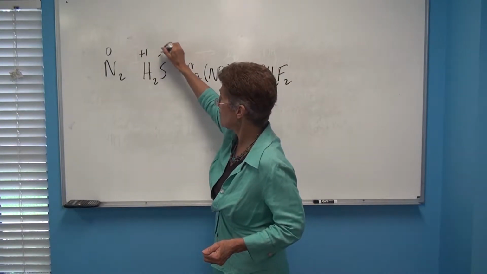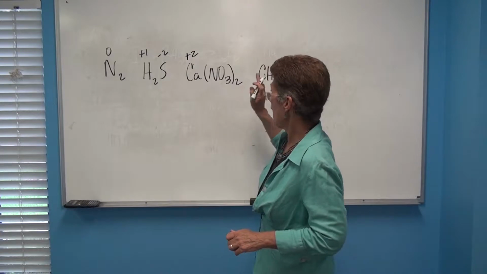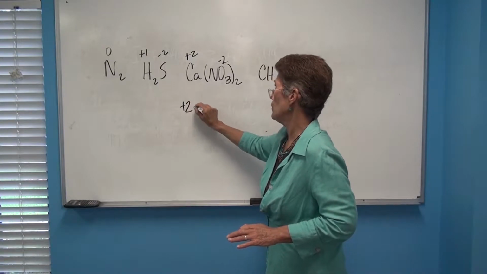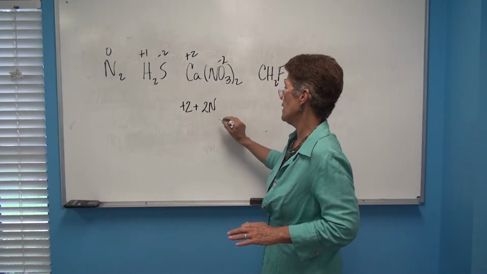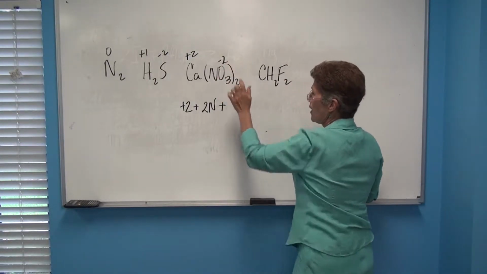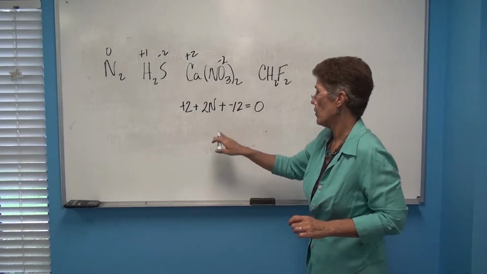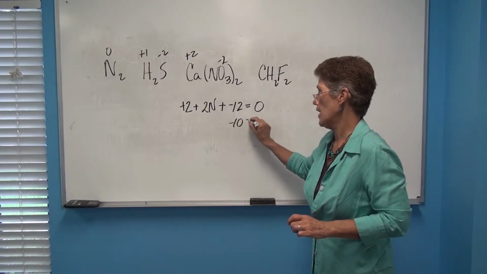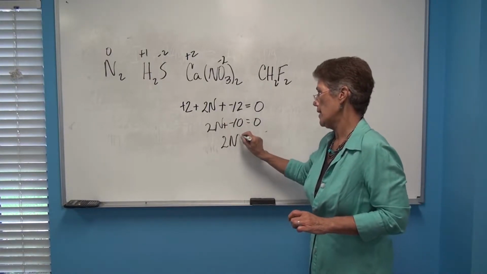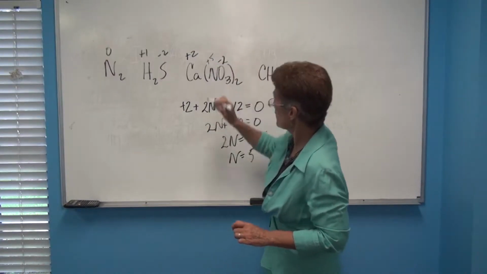There's 2 of them, so this would get a -2. Calcium is a +2 metal, and this is a -2. The whole thing equals 0, so we have +2 plus 2 times nitrogen, plus 2 times 3 is 6, times -2, which is -12, equals 0. So this comes over and makes this a -10. So 2n plus -10, bring this over, 2n equals 10.